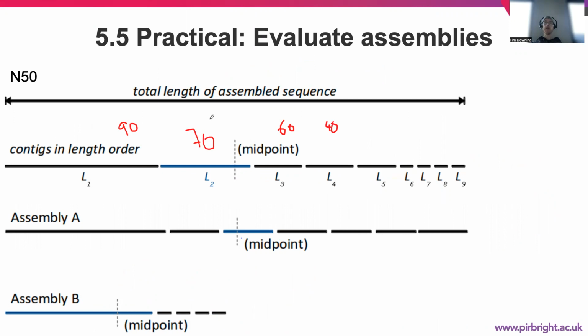That would mean that the N50 here is 70, because that's the length of the contig that passes this midpoint here. If we have a poor assembly, though, that can create issues because we actually falsely determine the midpoint to be much shorter, and we might determine that the N50 here is actually longer because it has an N50 of 100, even though the other contigs, let's say of base lengths 20, are not very good.